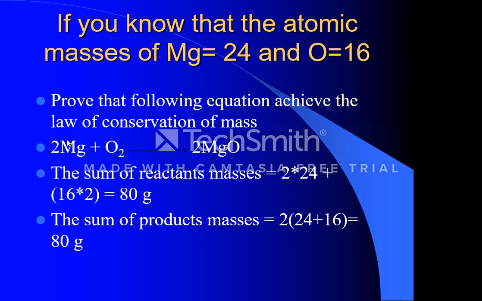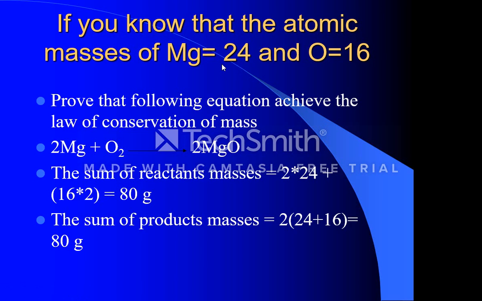How to solve it? First of all, you are going to write that the sum of reactants masses equals the magnesium here, equals 24. And how many magnesium do we have? 2. That's why I have 2 times 24. And instead of magnesium, you are going to write its number, the atomic mass of it.